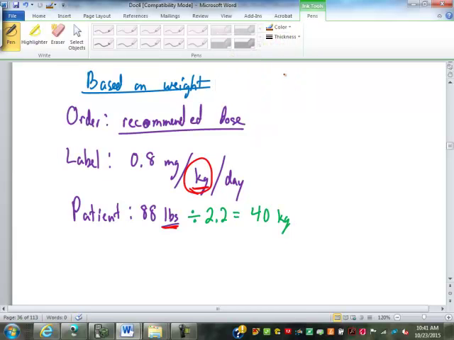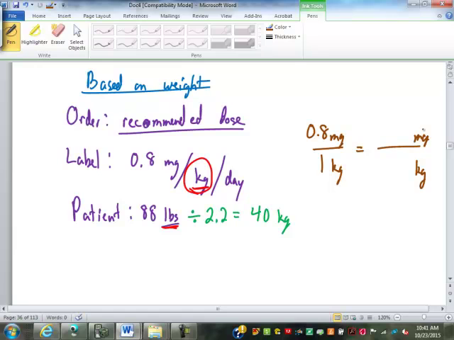So our second step then is to find the recommended dose from that mass. And this is where, when we're doing dosages based on weight, and in a little bit dosages based on body surface area, we need to use the proportion. So we are given 0.8 milligrams per kilogram, so per 1 kilogram. And we still want to know milligrams per kilogram.